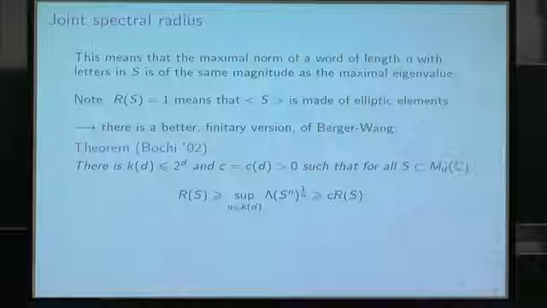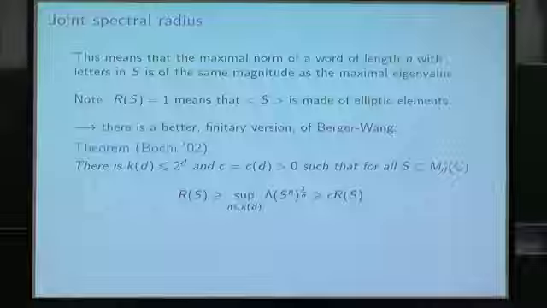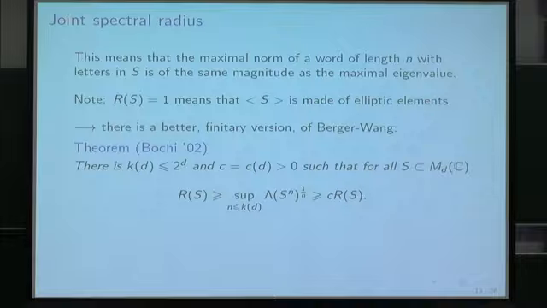So about 15 years ago, Bochi, who is a dynamicist, showed the following very nice improvement on the Berger-Wang formula. He showed that if you're looking at the joint spectral radius, then this Berger-Wang formula almost holds already after a bounded number of steps.